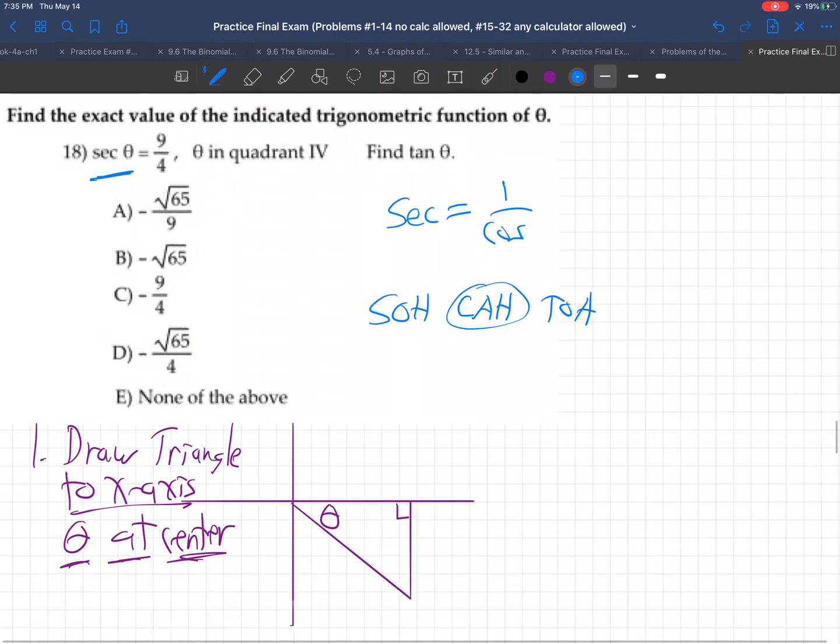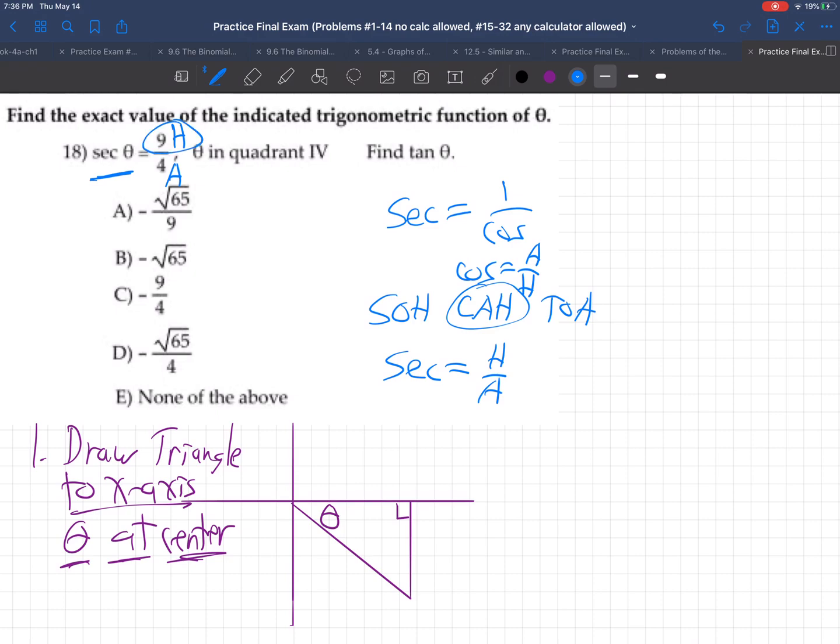So secant's upside down, so secant must be hypotenuse over adjacent. All right, so the hypotenuse is 9. That's this side. And the adjacent is 4.